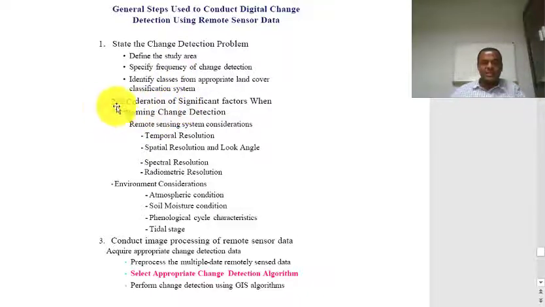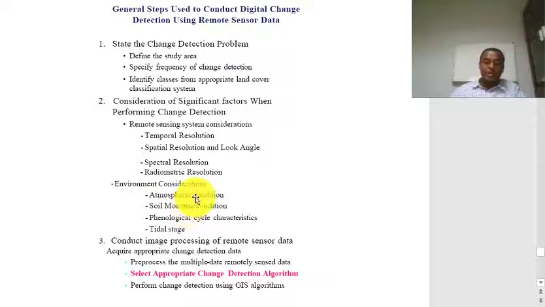And the second one is considering significant factors when performing change detection. Consider the temporal resolution. Is the temporal resolution weekly, 16-day, 32 days, monthly, or annual? And you also need to pay attention to the spatial resolution, the spectral resolution, the radiometric resolution, and other atmospheric conditions.